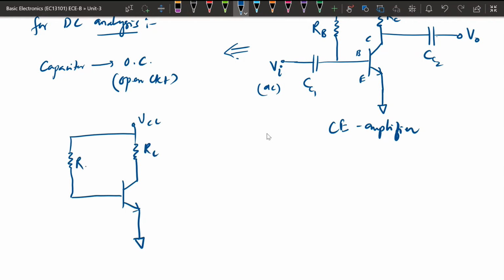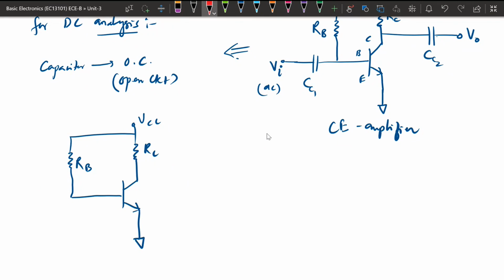This is RC, this is RB. The output side will also be an open circuit, so we can just remove it.